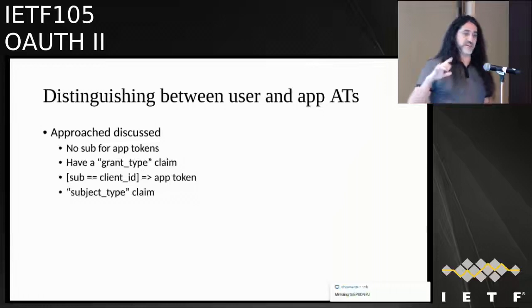I would love to have the last one, having a new claim that expresses this. But I'm also open to the outcome that this is complicated, this has bad implications, so let's not do this at all, let's leave every vendor to worry about this aspect on their own, and not have it in the introspection profile.